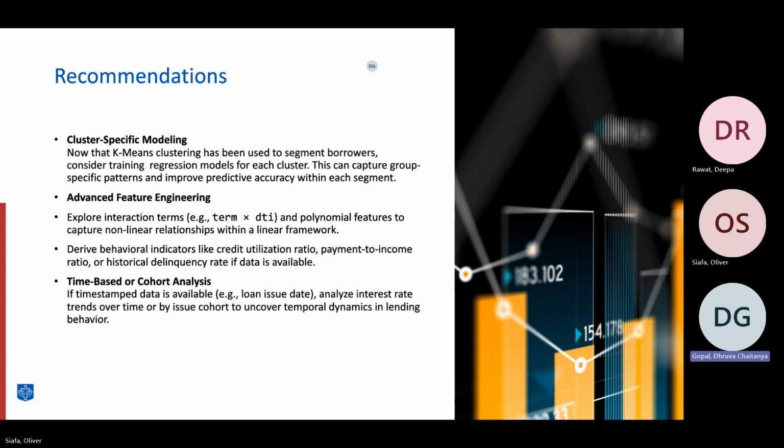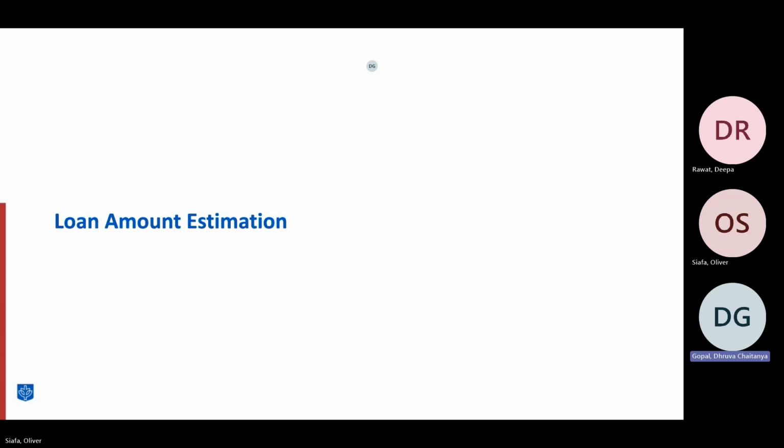We can also use advanced feature engineering, like interaction terms between two features and polynomial features, to capture nonlinear relations. And there's also cohort analysis. If time-stamped data was available, analyzing interest rate trends across time would be easy for us, and it would lead to better understanding of behavior. Coming to the next slide.